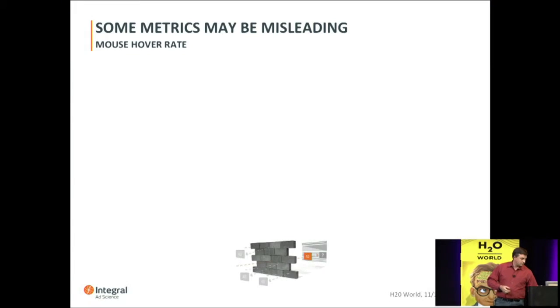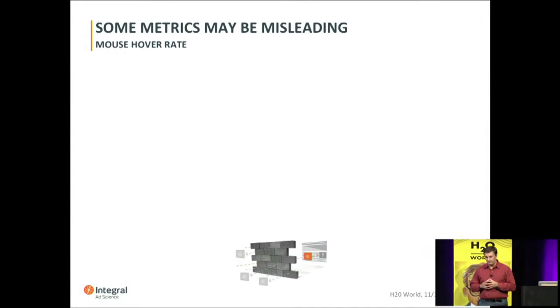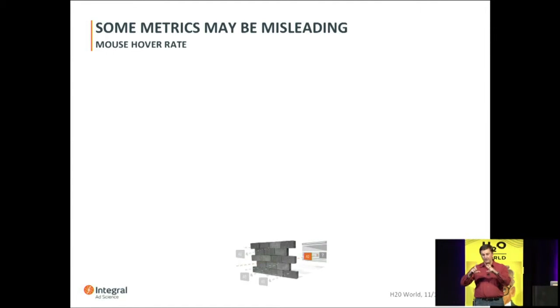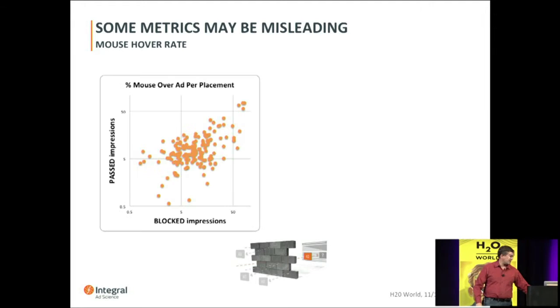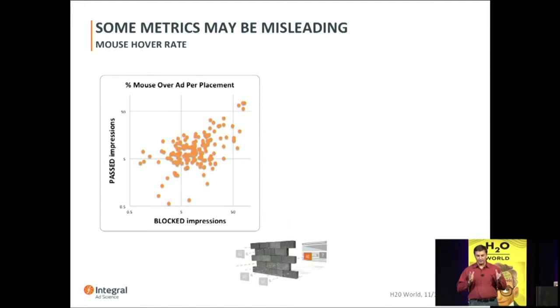So first, let's talk about something that may not be so useful, and it's mouse hover rate. So basically, you have an ad, and you can measure if a mouse crossed the ad, and the question is, is it a useful metric? So what we did, we compared the mouse hover rates for the same placements in cases when we blocked the ad, so there is nothing there, and when there was an ad. And it turns out that basically there is no dependency, right? So it doesn't matter if there was an ad or there wasn't an ad.